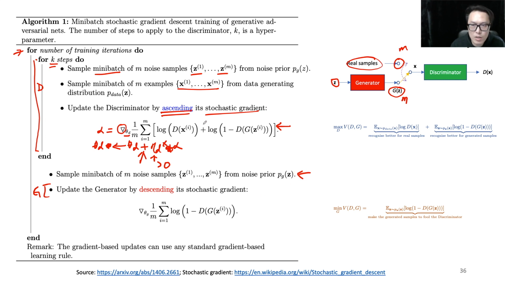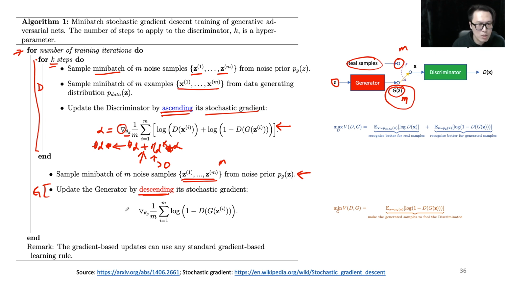After we update the discriminator parameters, we are going to update the generator parameters. We do the same thing. Draw m samples, so that means we have m G(z) fixed samples, and then update the generator by descending its stochastic gradient, because we are going to do minimization.